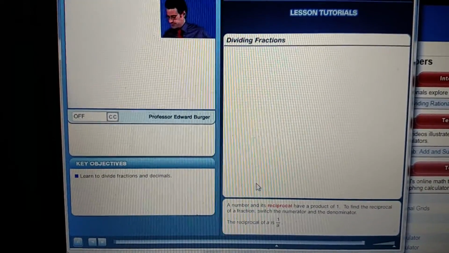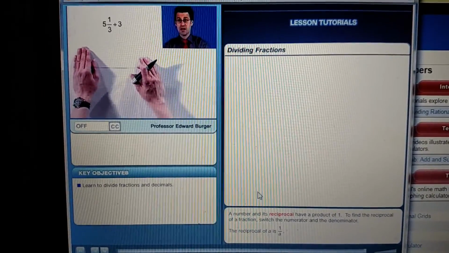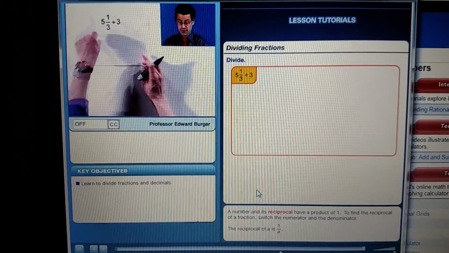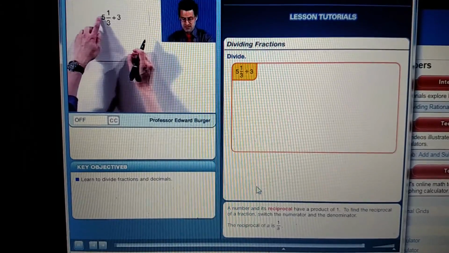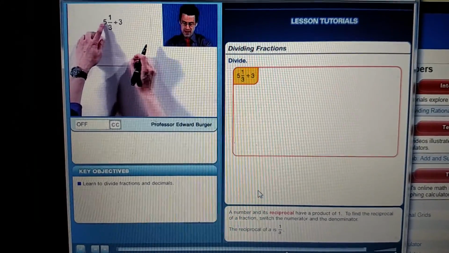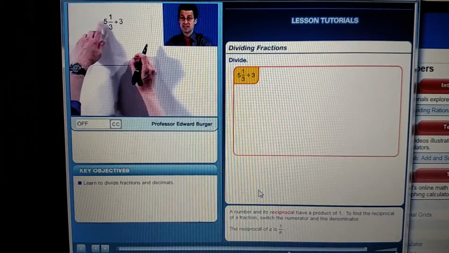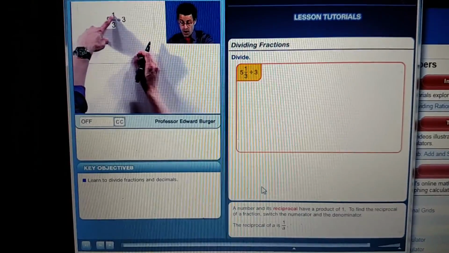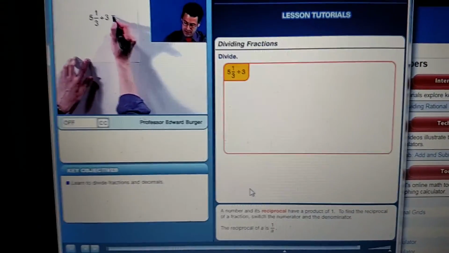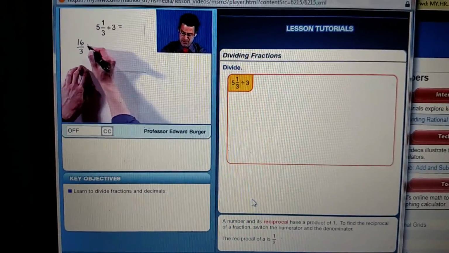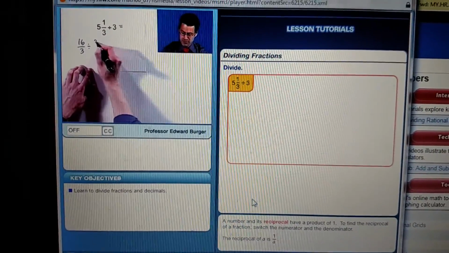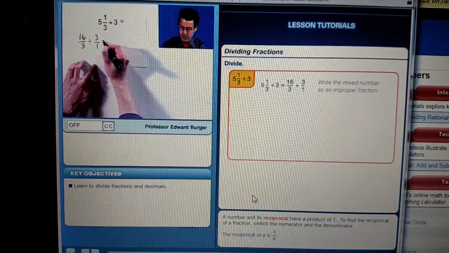That's the moral here. What if we have a mixed number? The first thing we'd have to do is to convert the mixed number into a fraction. So let's convert this to an improper fraction. 5 times 3 is 15, and 1 is 16. So I could write this as 16 over 3. And now I'm going to divide that by 3. Remember, 3 is the same thing as 3 over 1.